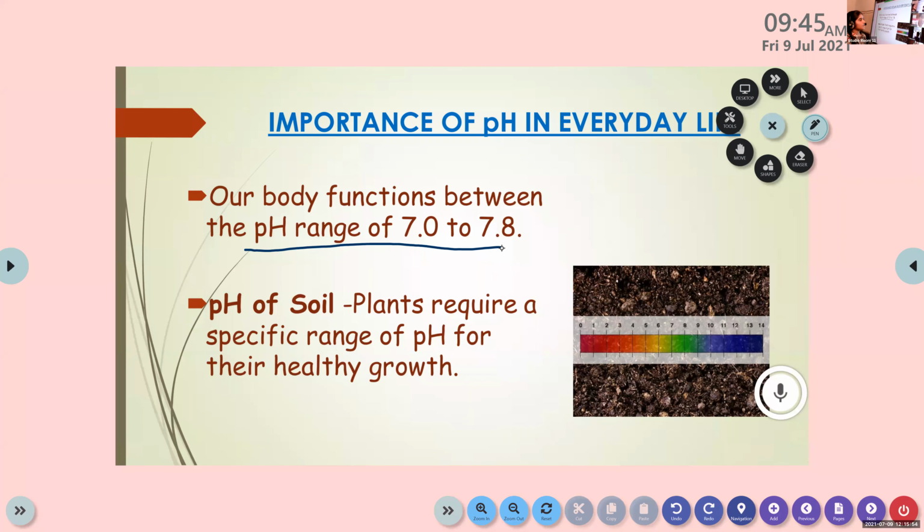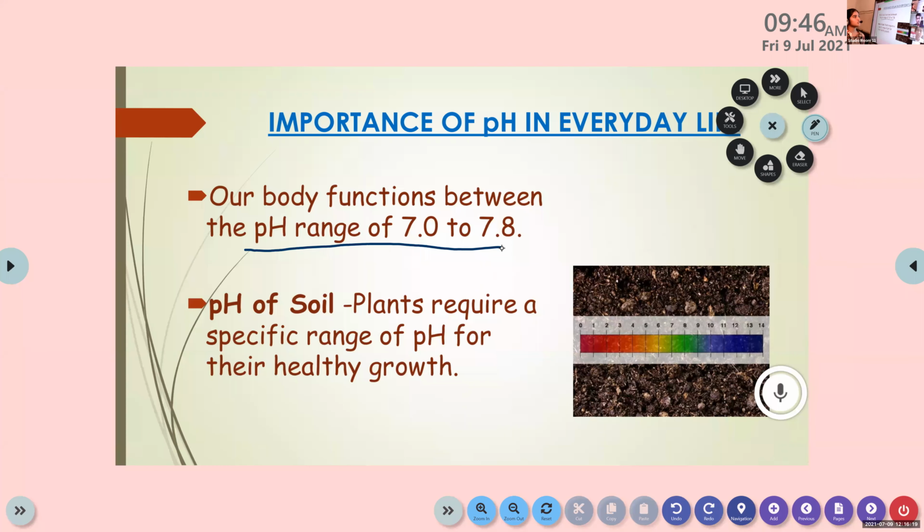If there is any variation from this pH value, it will affect our functions. There are different functions in our body: the respiratory system, the digestive system, the blood circulatory system. So if there is any variation in this pH value, it will affect functions in our body. Our body functions always maintain this pH range of 7 to 7.8.